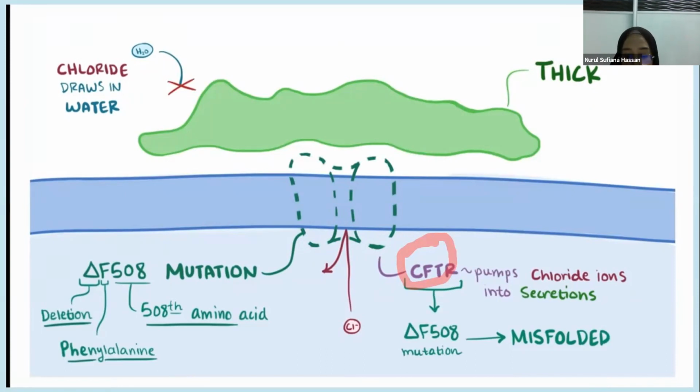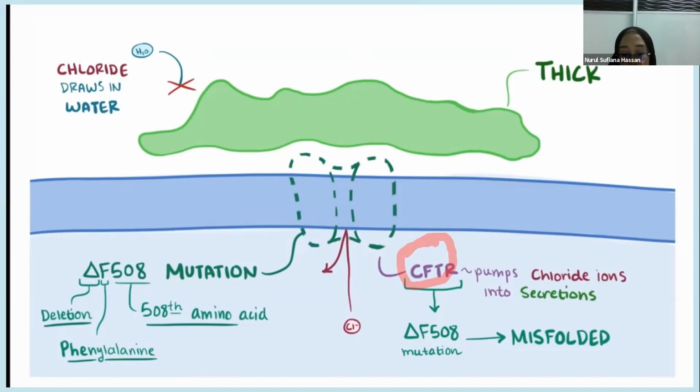The abnormal CFTR results in the clinical manifestation of cystic fibrosis, which includes excessively high sweat sodium and chloride in the sweat gland. This high sweat chloride and sodium will be tested by the sweat chloride test, which is the standard diagnostic test for cystic fibrosis.